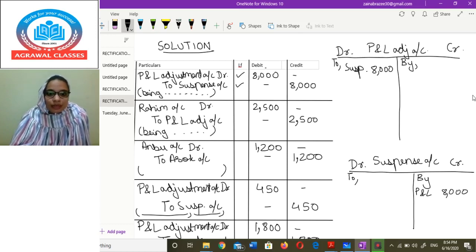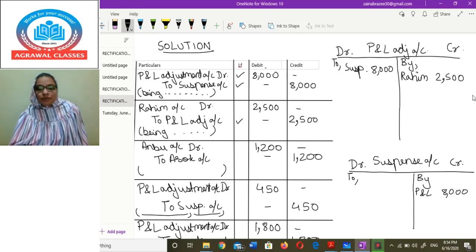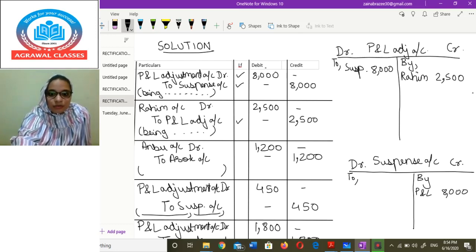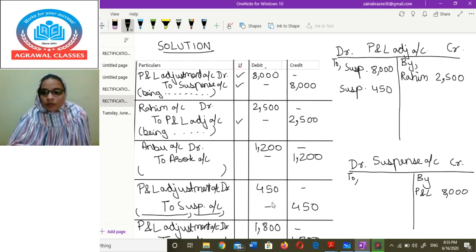Then Rahim debit to P&L adjustment, so P&L adjustment will now be credited by Rahim 2500. Anbu debit to Ashok: there is neither a P&L adjustment account nor a suspense account, so we can leave this. Next entry, P&L adjustment debit to suspense. So again, P&L adjustment debit to suspense 450, and suspense will be credited by P&L adjustment 450.